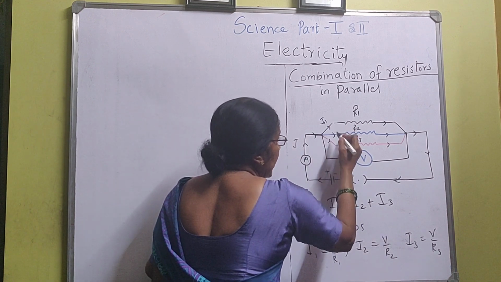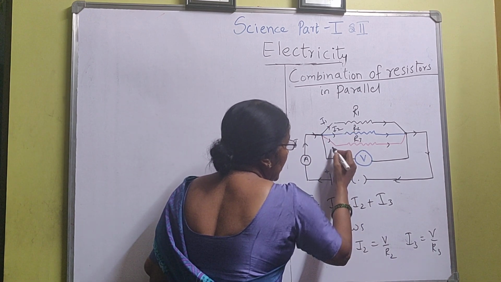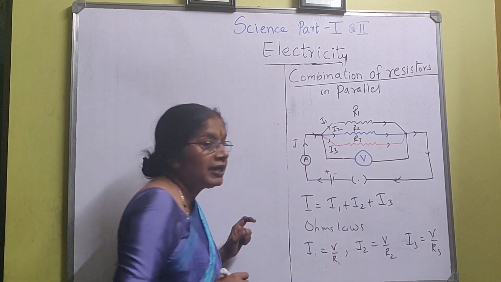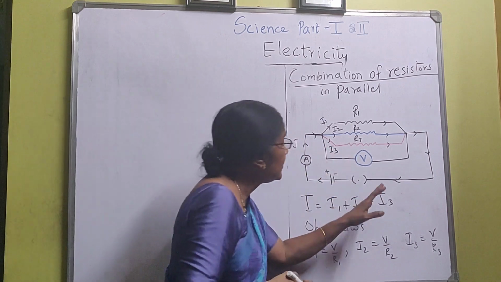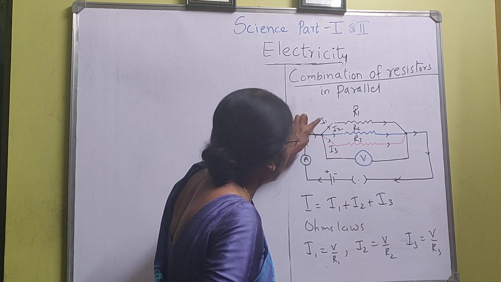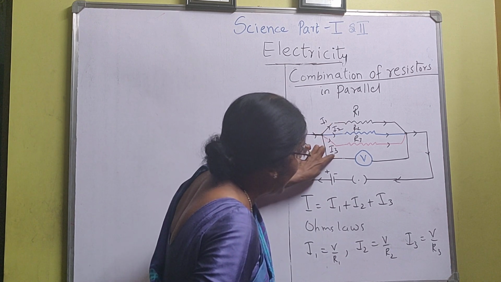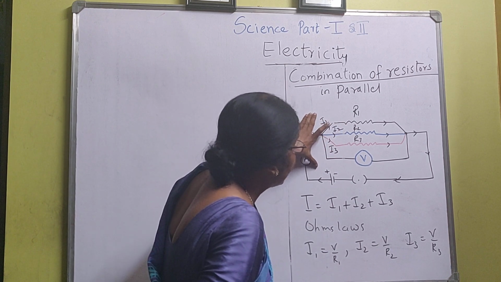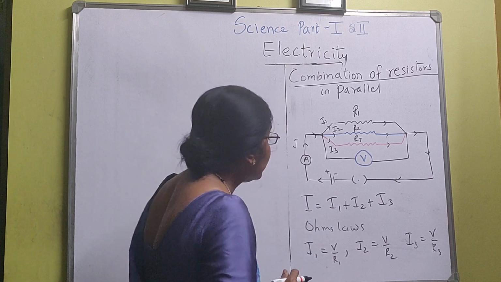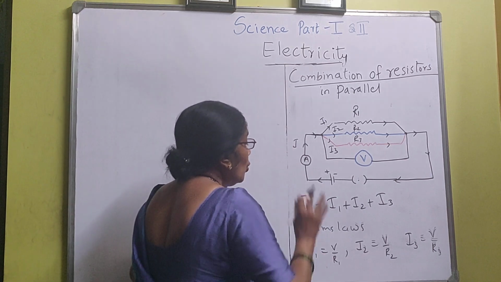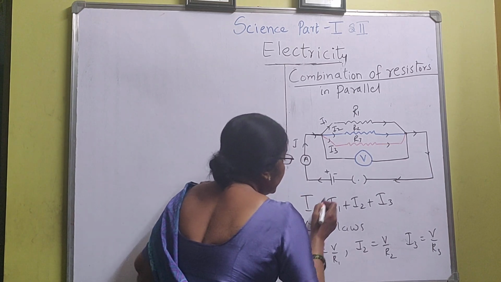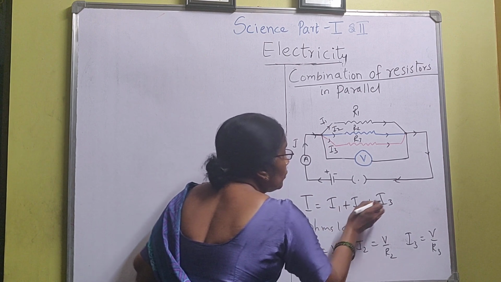It will be I1 for this, I2 for this, and I3 for this. For three resistors there will be different currents, I1, I2 and I3. So the current is different, but the potential difference is the same.